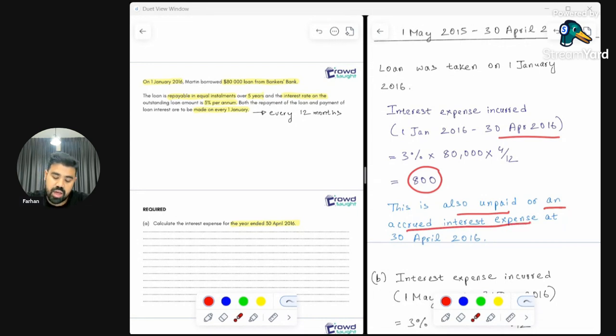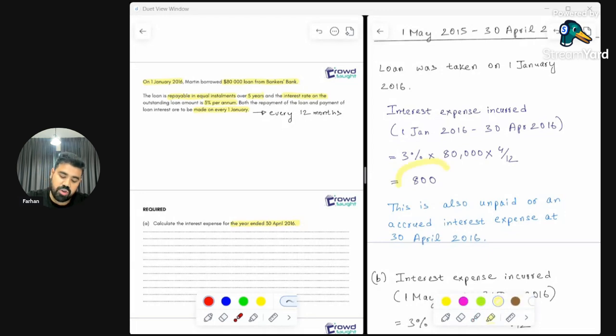And this is a current liability or an unpaid interest expense or accrued interest expense at 30 April 2016. Okay? All right. So the answer to the first question, which is to calculate the interest expense for the year ended 30 April 2016, is $800.